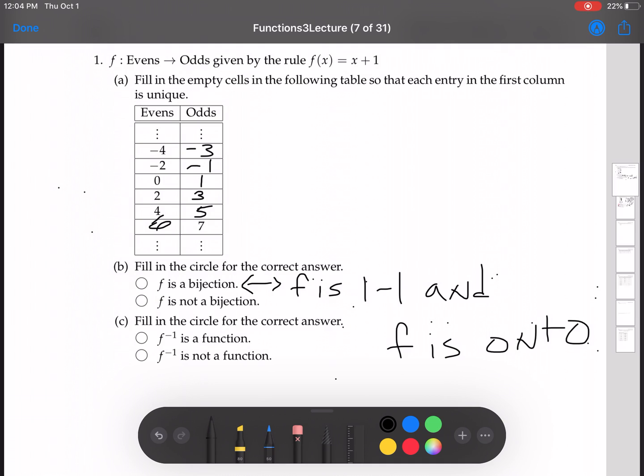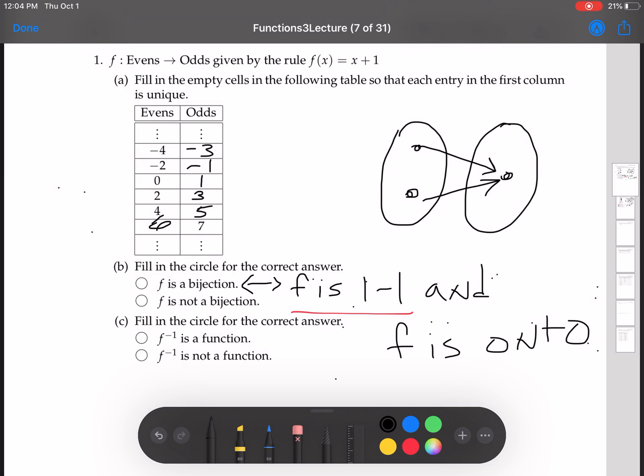Okay, so let's first discuss how you see from the table if a function is 1 to 1 or not. Remember that a function is not 1 to 1 if we have this situation where you have two different inputs that go to the same output.